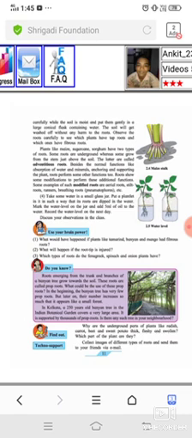Mark the water level on the jar and add 5 millimeters of oil to the water. Record the water level on the next day. Discuss your observation in class.